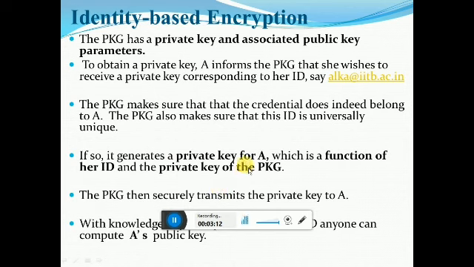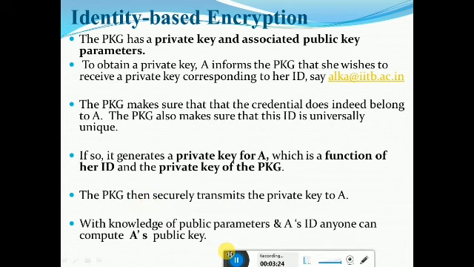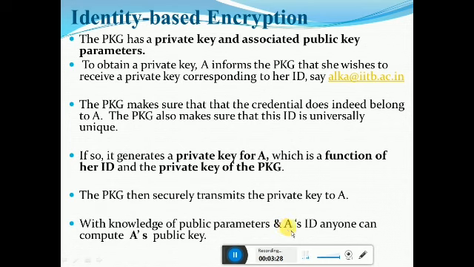These two together help generate the private key of A. The PKG then securely transmits the private key to A. With the knowledge of public parameters and A's email ID, anyone can compute A's public key. This is how the identity-based encryption scheme works.